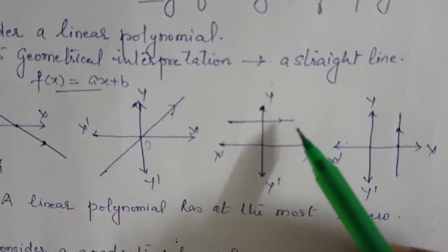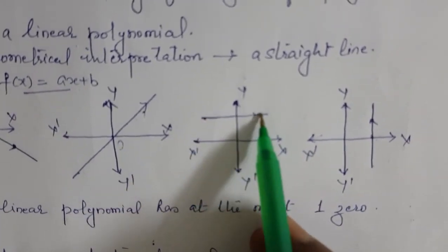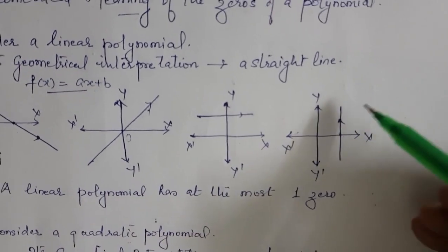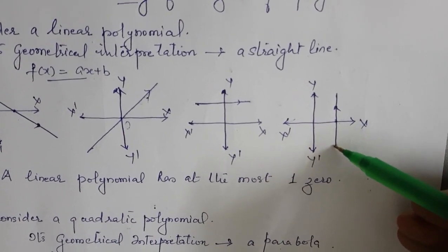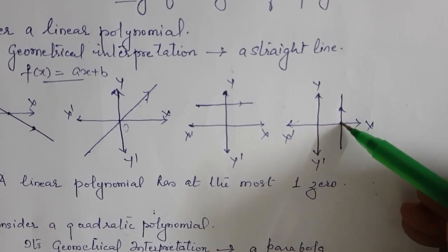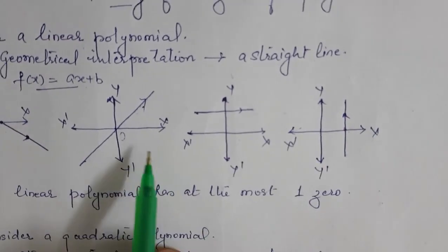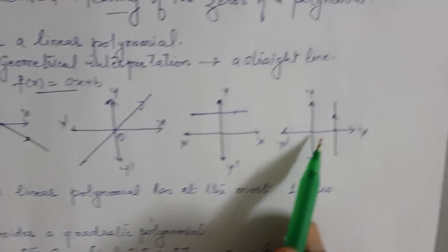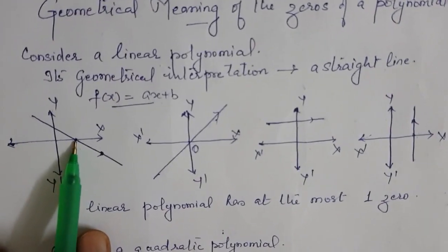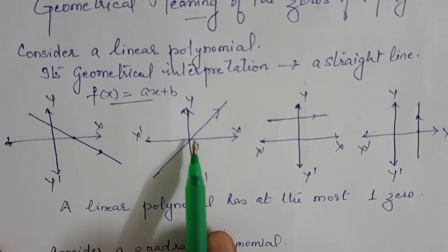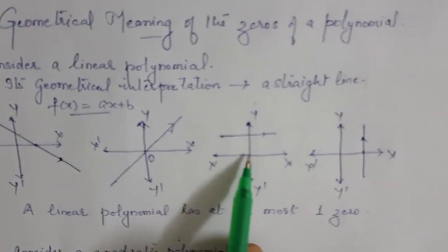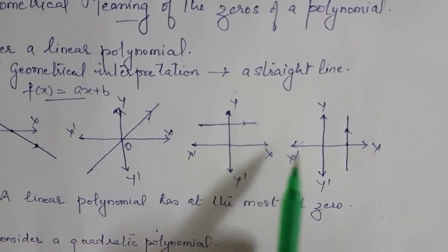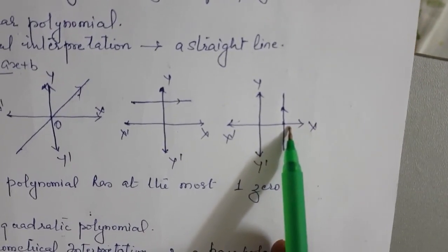Now here it is parallel to the x-axis, meaning it is not touching the x-axis at all, and here it is parallel to the y-axis, so it is intersecting the x-axis at one point. So where and at how many points is the line intersecting the x-axis? In the first case, 1 point, second case also 1 point, third case, of course it is a straight line but it is not touching the x-axis, and in the fourth case it is also touching at 1 point only.